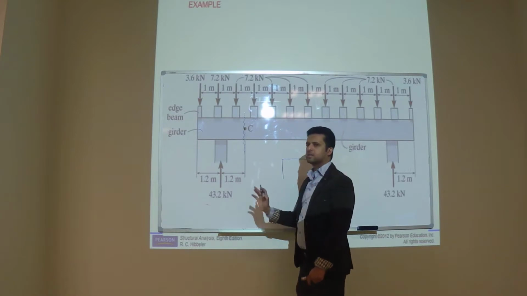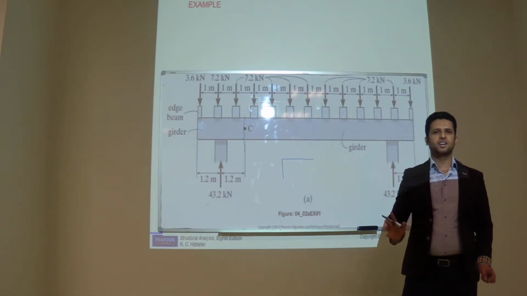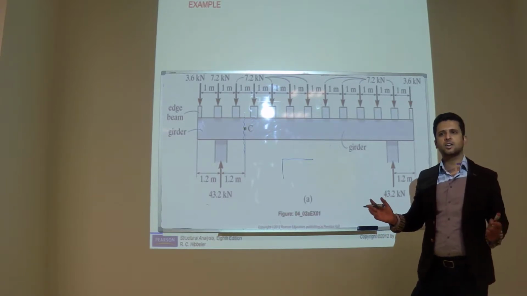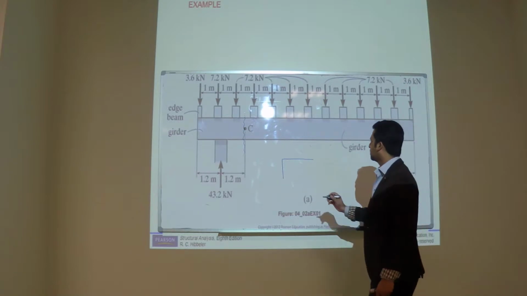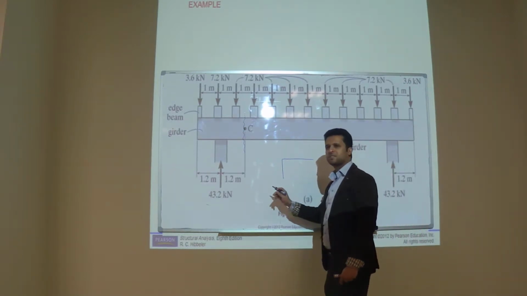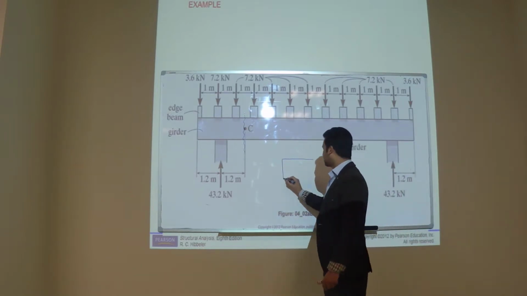Now you have two choices. Either you can consider the right side or the left side. Left is easier, so I recommend you choose the left side. But if you are aggressive, you can use the right one. It's up to you.